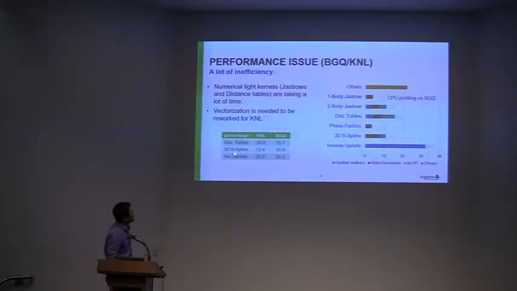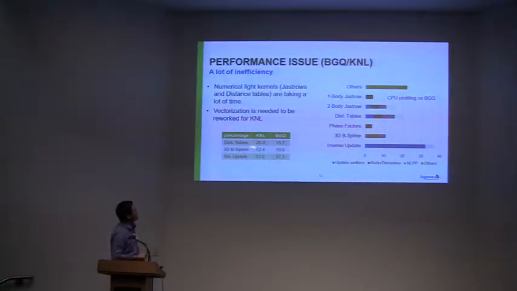For the B-SPLINE calculation, we heavily optimized for BlueGene/Q. And all the rest of the parts, we didn't do that much in the past because this was the dominant problem. Then later, when we nailed this one, all the others went up. Then we came to Knights Landing.